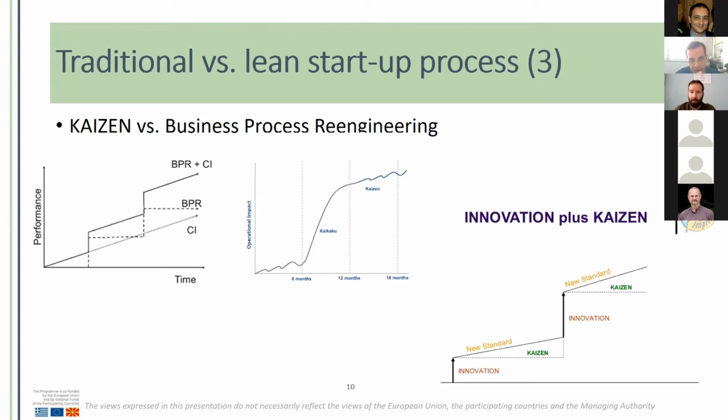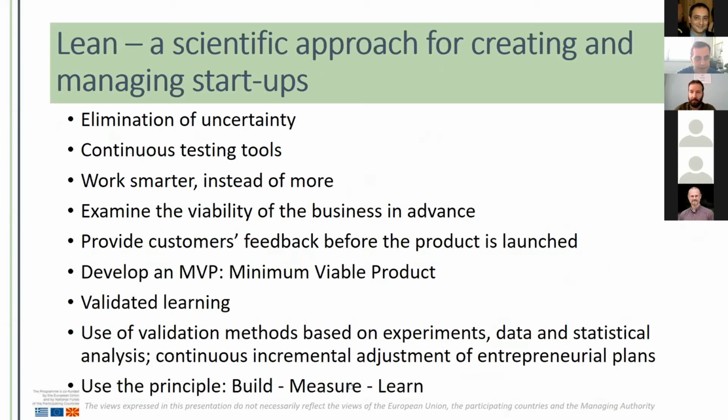So the best way is to combine these two, innovation plus Kaizen. So you have an innovation, then you release it. You have your new standard. Then you implement Kaizen towards growing, and then you do another innovation. And then you continue growing all the way through the life of your business.